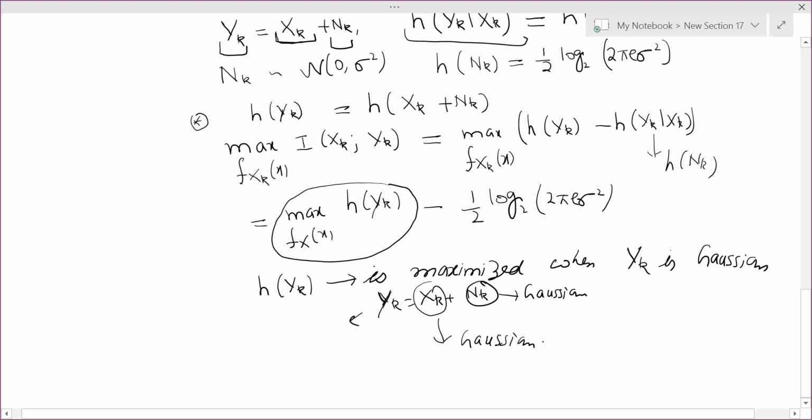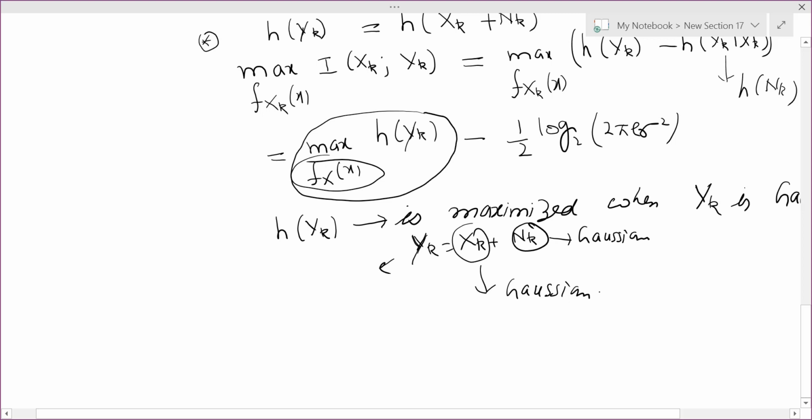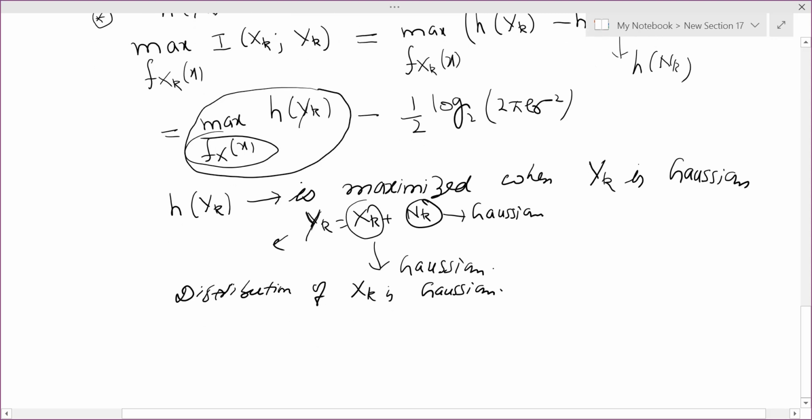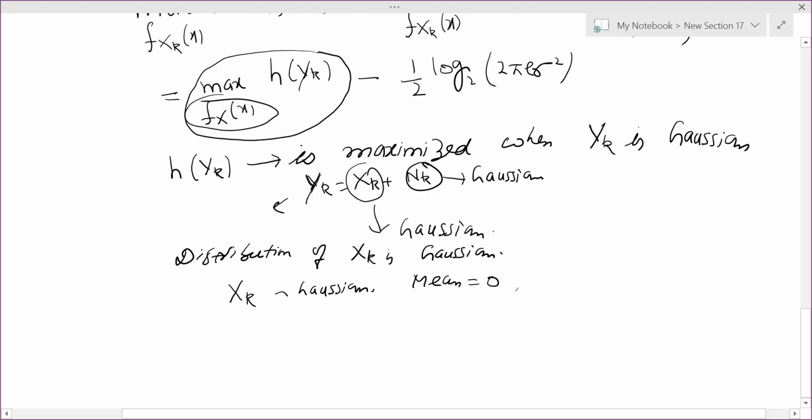And we are maximizing with respect to the distribution on x, and what it says is that the entropy of yk will be maximized only when the distribution of xk is Gaussian. Now comes the question of what should be the variance of this. You are choosing xk to be Gaussian. So mean, you can always assume 0. Mean has no meaning, it is just an arbitrary thing.